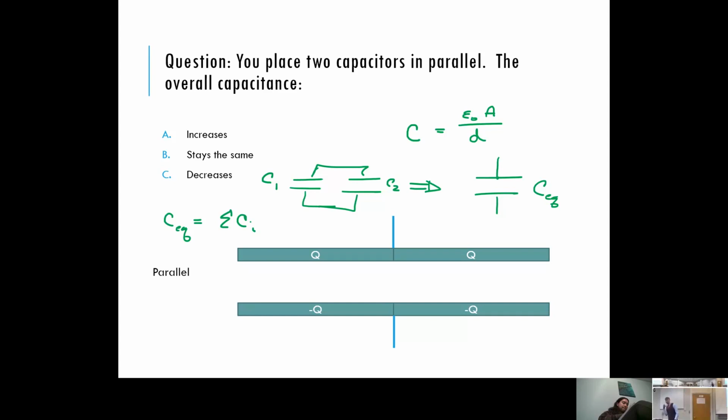Sometimes I memorize it and I'm not thinking. If you can, try to conceptually remember what's going on underneath the surface. Putting them in parallel is like increasing the area, so my capacitance should add. Putting them in series is conceptually like increasing the plate distance, and so my capacitance should go down.